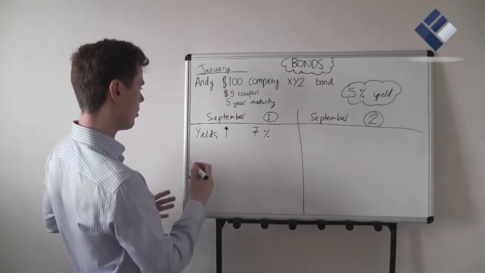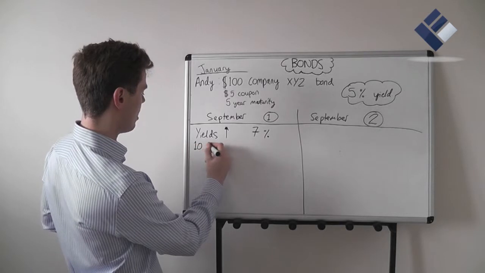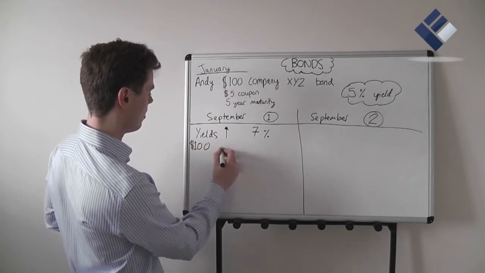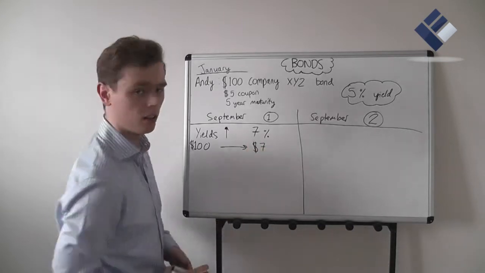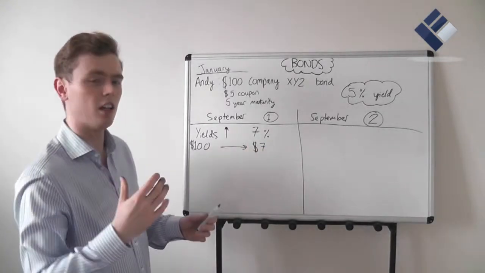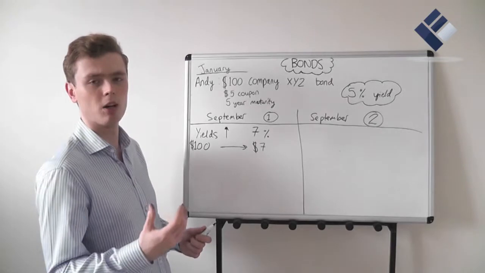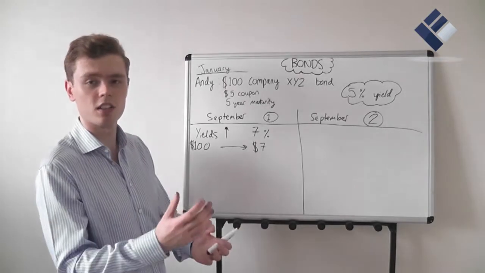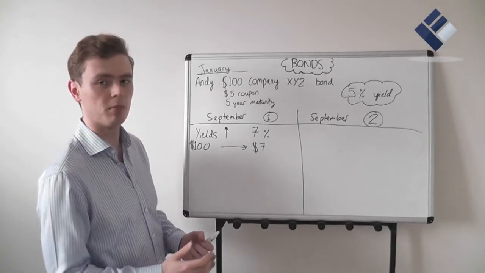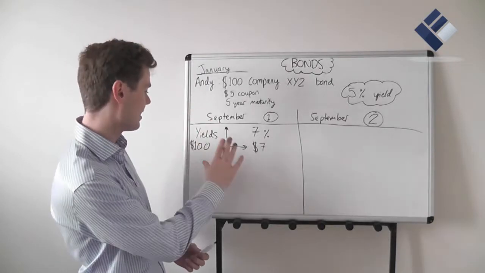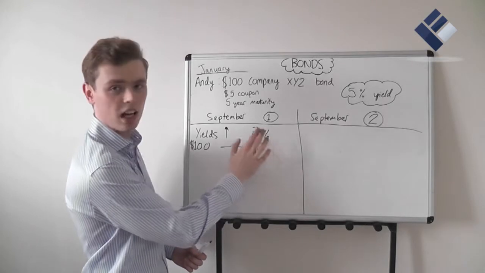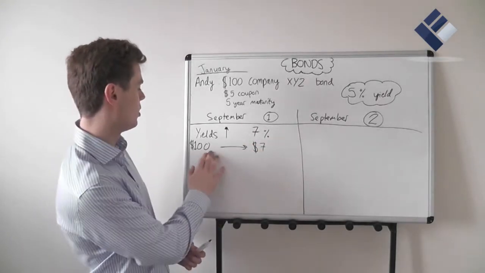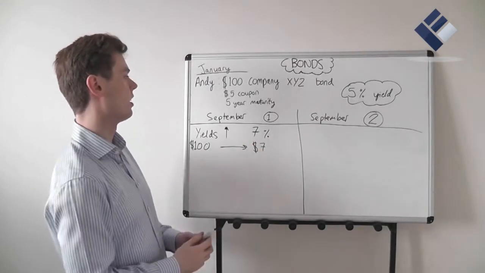So if an investor now comes along in September and purchases a $100 bond, this gives them a $7 coupon. If, like I mentioned previously, you envisage a bond as, say, a certificate, as a promise of future payments, in this case this bond dictates a $7 annual payment plus $100 at maturity.